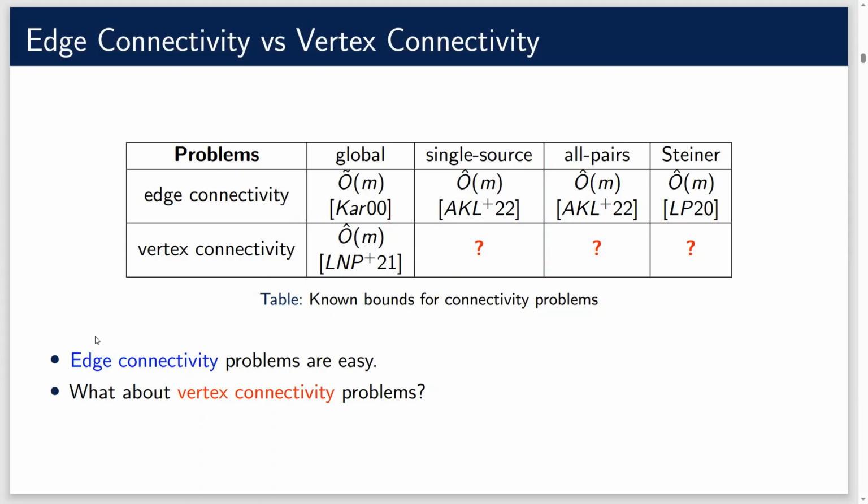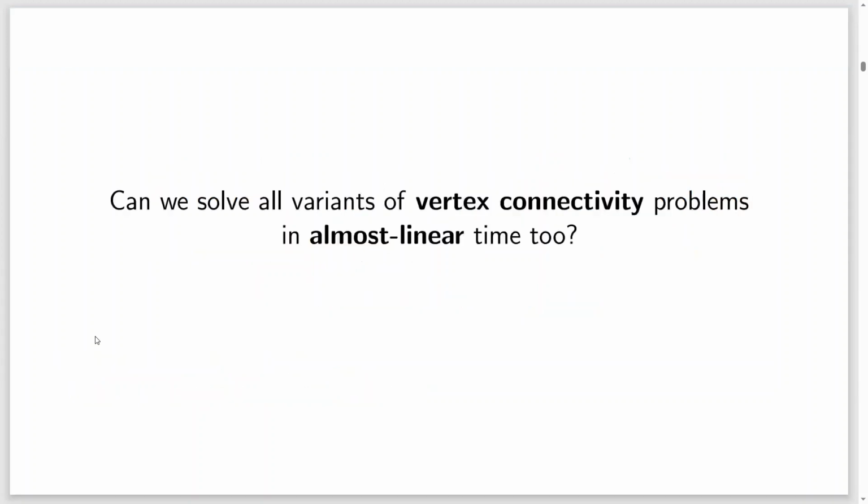So there's a question: since edge connectivity problems are all in the almost linear regime, what about vertex connectivity problems? Are they still easy, or much harder than edge connectivity problems? This gives an open problem: can we solve all variants of vertex connectivity problems in almost linear time?